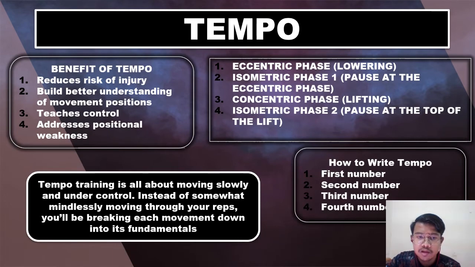The third number refers to ascending, which means the concentric pace of the lift, the amount of time it takes to get you to the top of the lift. And the last one, the fourth number, refers to how long you should pause at the top of the lift.